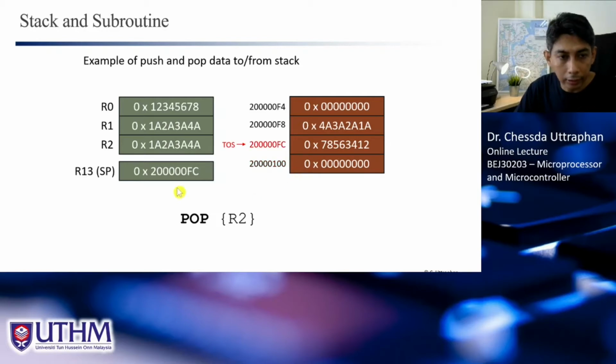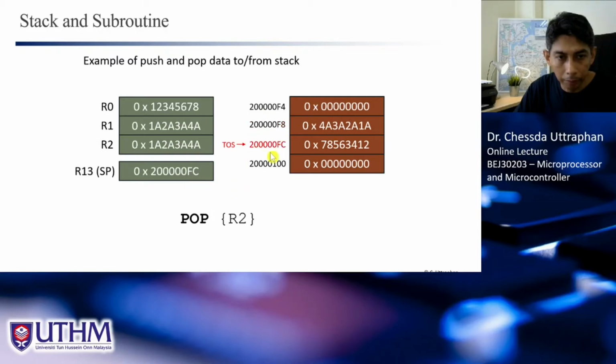All right, and let's look at the SP when you push. For example, when you push R0, the first data into the stack, SP will be updated with the TOS value. See, FC. And when you push again, F8.